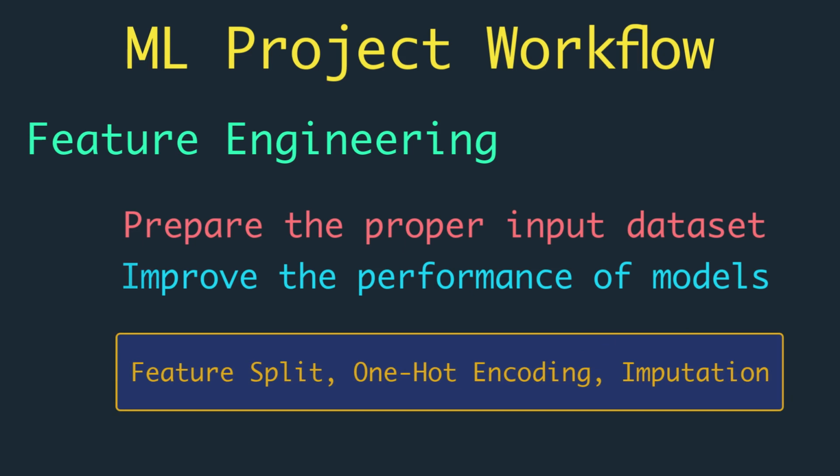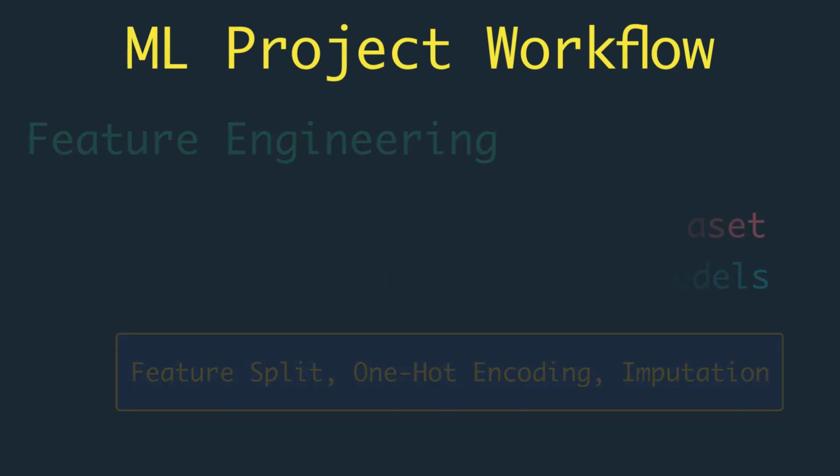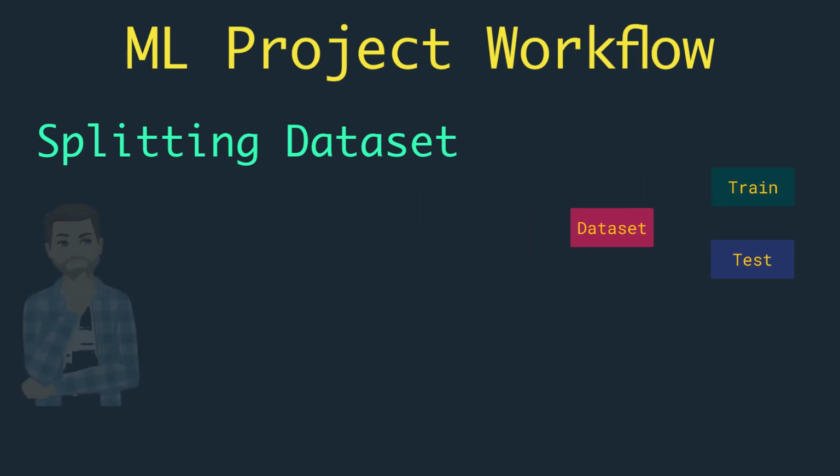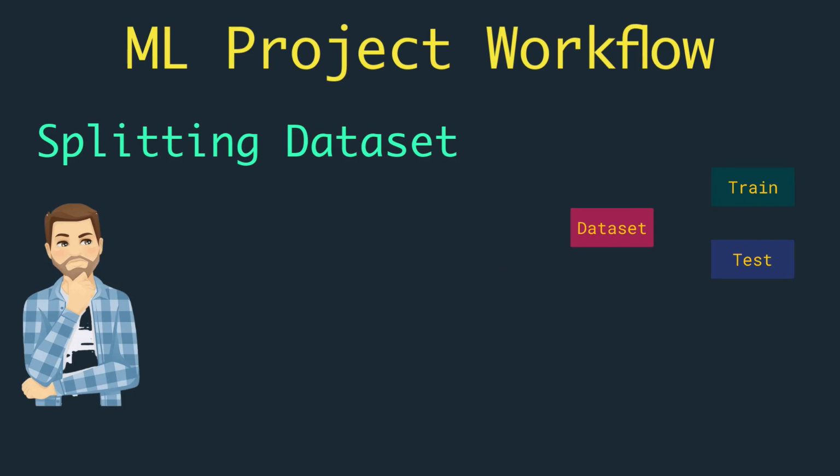Another important concept we should understand is splitting the dataset. We usually divide our dataset into train and test sets. Quality data is of no use until properly utilized. The major problem which machine learning and deep learning practitioners face is how to divide the data for training and testing.